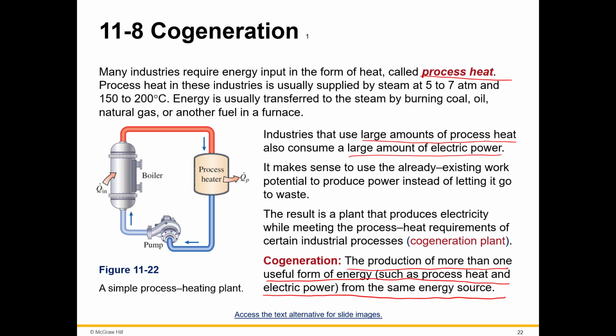A lot of power plants do this, putting power into the grid, and residential homes can do that as well. If you have solar panels on your roof and you're capturing way more power than is necessary to power your home, you can sell that power back to the power company.